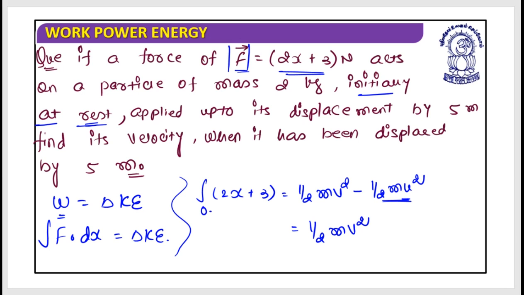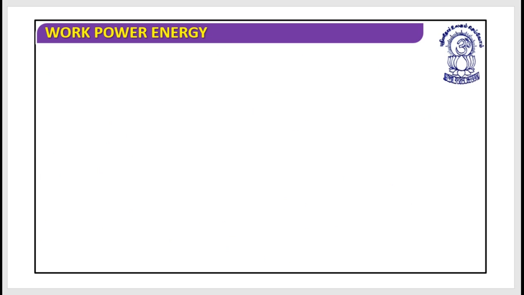This is from 0 to 5, so this is 2x square by 2 plus 3x from 0 to 5, so this is x square plus 3x from 0 to 5, that should be equal to half into m into v square.